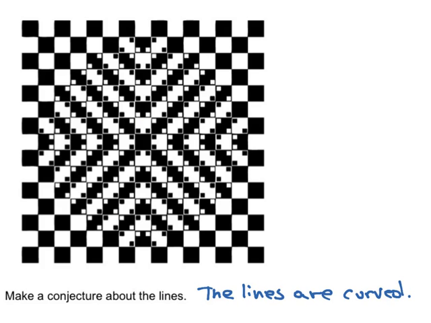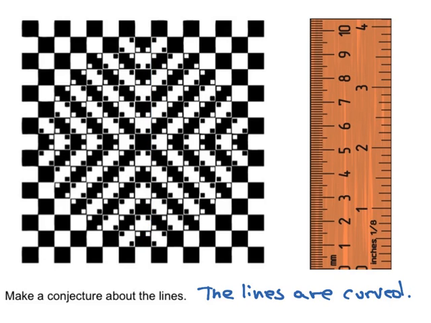Take a look at this shape. What conjectures can you make about these lines? That the lines are curved. Do you notice the curvature of this line, the warpness? Now let's add a ruler to show us whether they're curved.